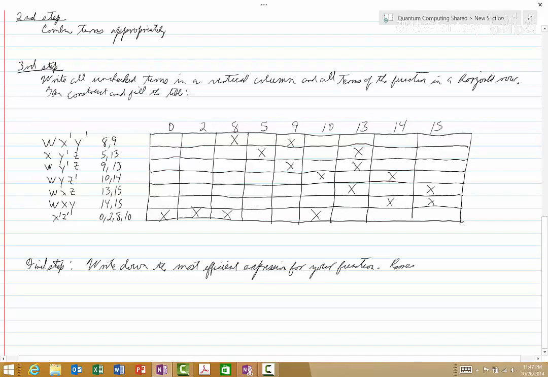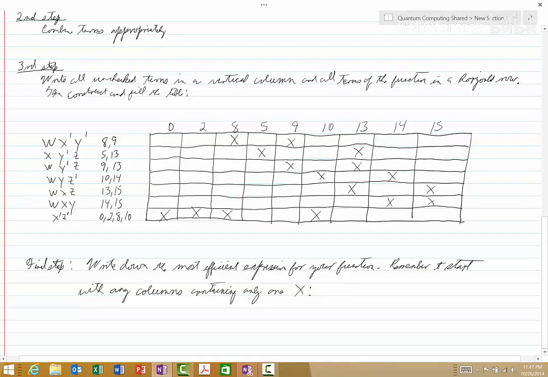Remember to start with any columns containing only one X. Now, what does that mean?